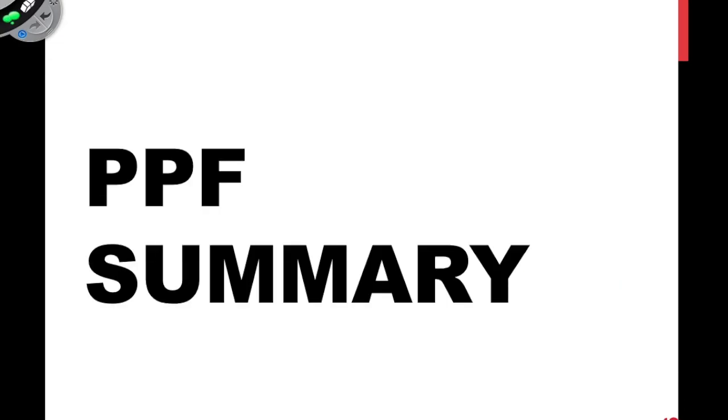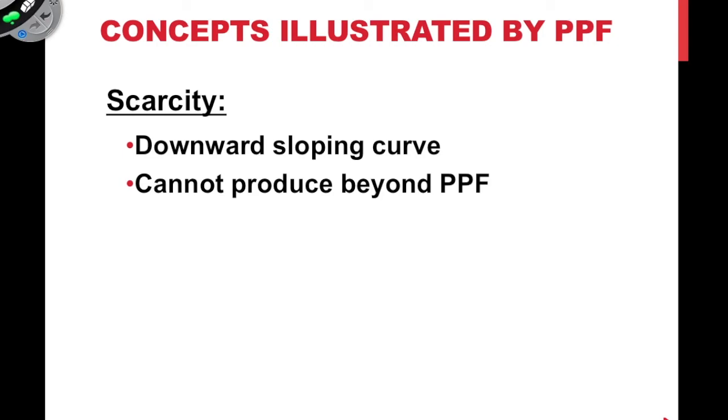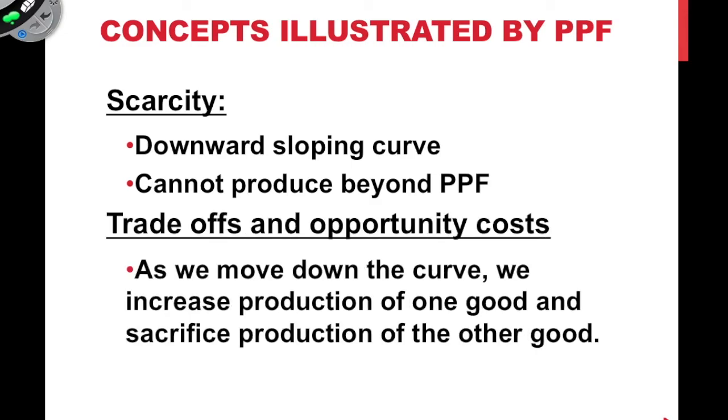In summary, the PPF illustrates several concepts. Scarcity, because you have the downward sloping curve, and also because you cannot produce beyond that PPF, that's impossible. Trade-offs and opportunity cost. If you move down the curve, meaning if you want to increase the production of one good, you have to sacrifice production of the other good.